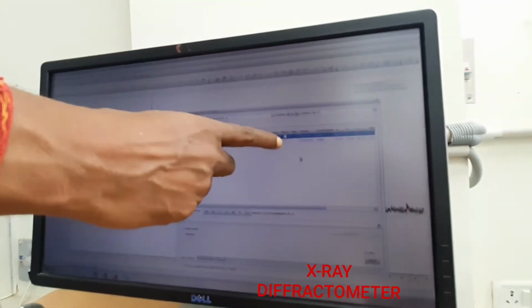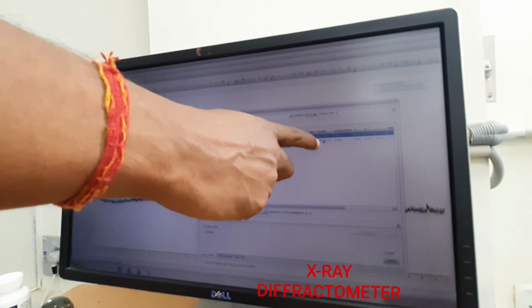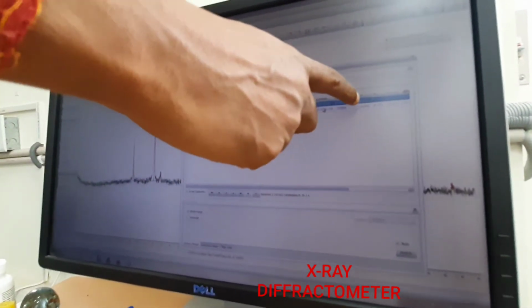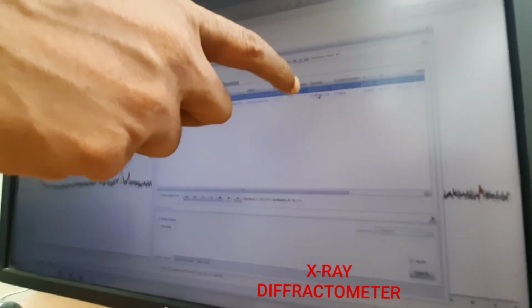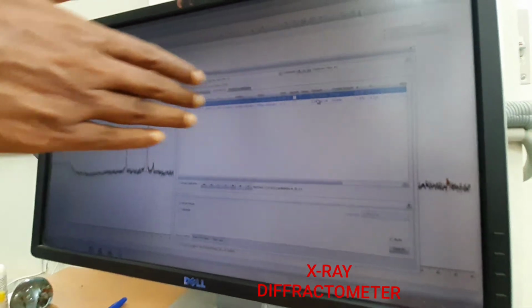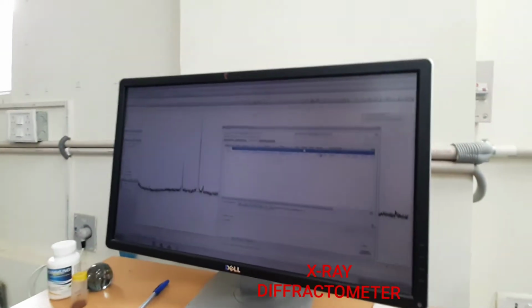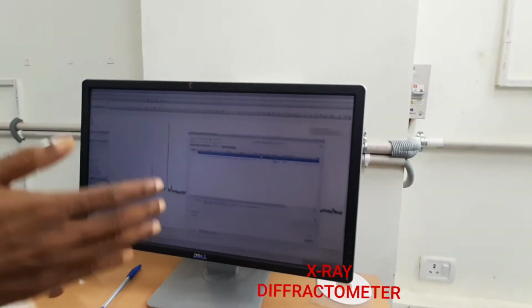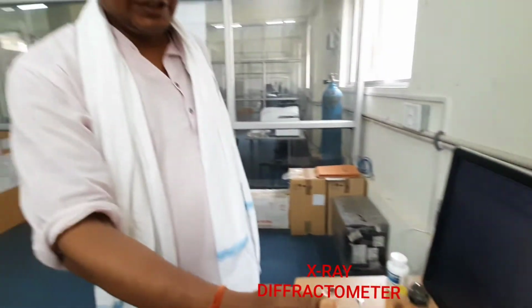You can say this material is zinc iron oxide, zinc ferrite, and these are the references from the JCPDS data file, Joint Committee on Powder Diffraction Standards, and on this basis we can say that the material is formed, is a magnetic material, and the crystal structure is a cubic spinel structure.